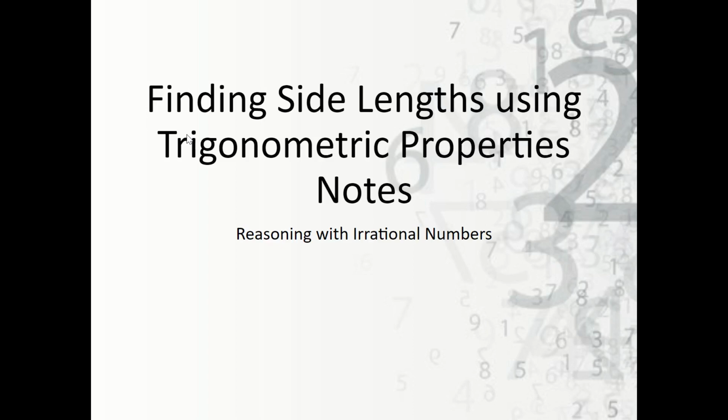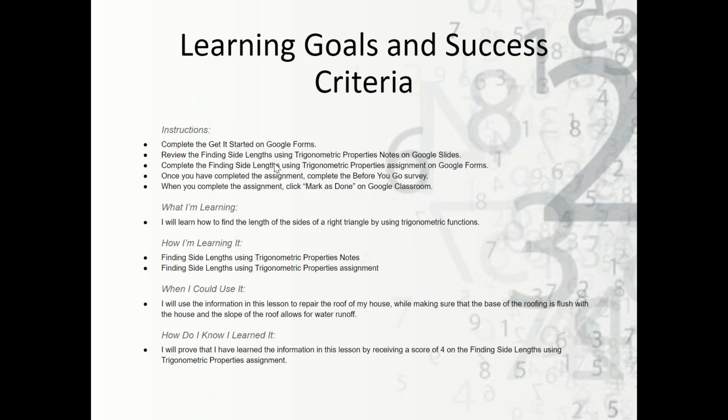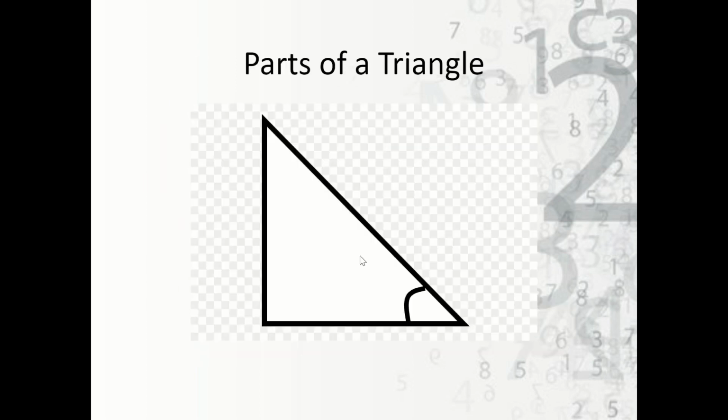Let's take a look now at the finding side lengths using trigonometric properties notes. Our notes begin with the learning goals and success criteria. Now, what are the parts of a right triangle? A right triangle has 3 sides, and this is our 90-degree angle. The side opposite of the 90-degree angle, the longest side, we call the hypotenuse.